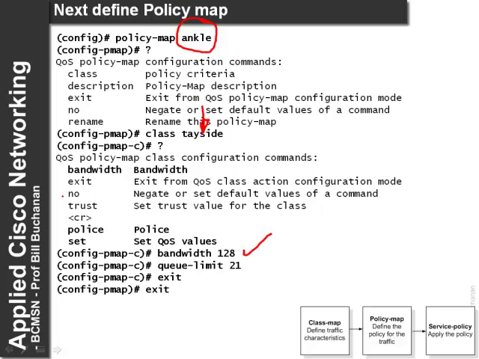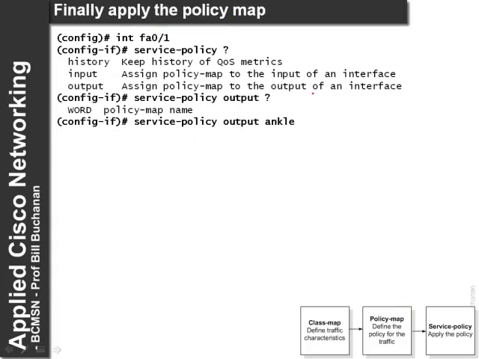We can see we can do other things such as police and set quality service values. Then we define a queue limit, in this case of 21. So we define the policy map. Then finally we apply the policy map onto an interface, in this case the outgoing direction of FA01.